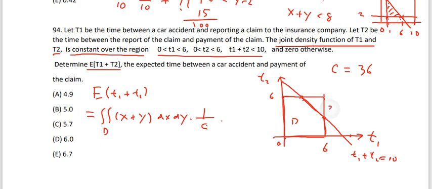So this equals 2, right? So this is also 2. So the total area is 6 square minus this area, which is 2, right? Yeah, equals 34.